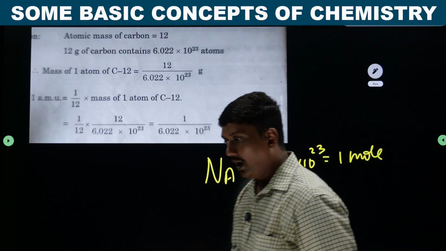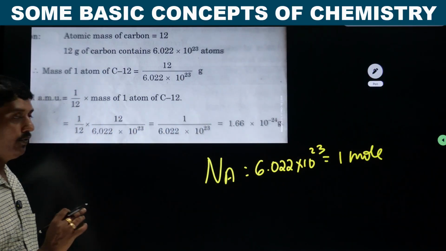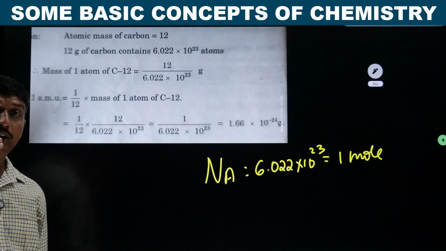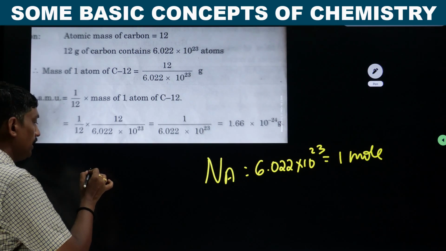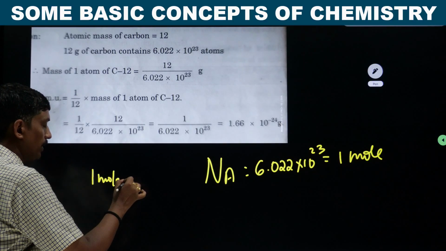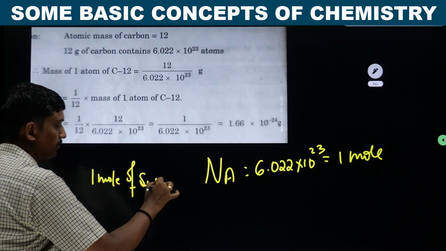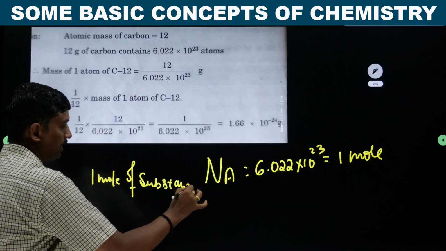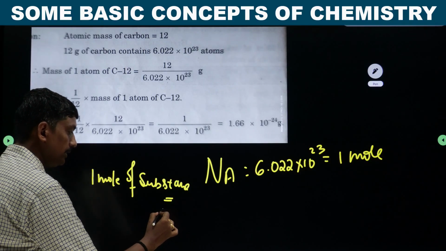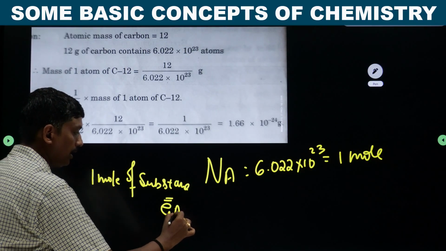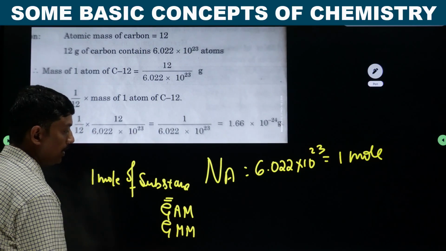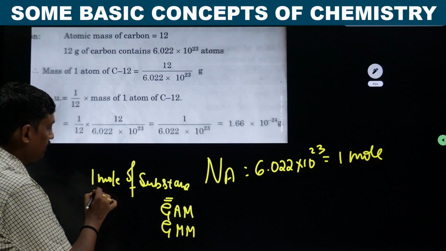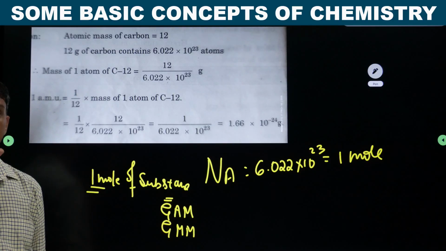I want 1 mole of carbon. Then to get 1 mole of a substance, how much should be taken? It is equal to its gram atomic mass or gram molecular mass. If you take this much, it is equal to 1 mole.